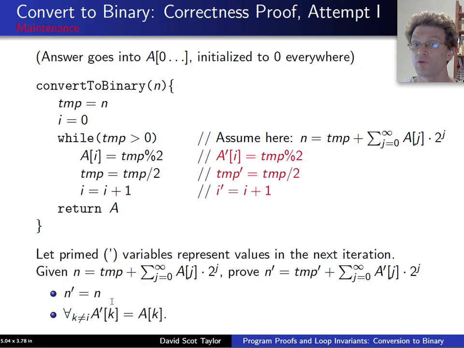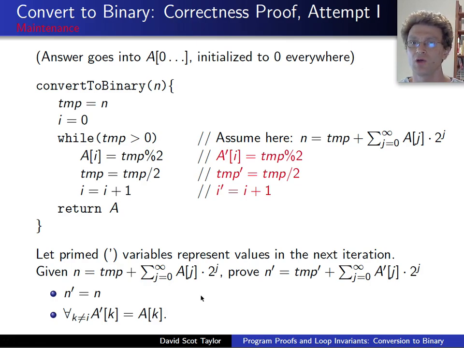There are a couple more variables. n prime equals n. Well, n never changes anywhere in the entire program. And for all of the array values other than the one that's at index i, a prime is not going to change. So for every index other than the one at i, a prime is going to be equal to a.